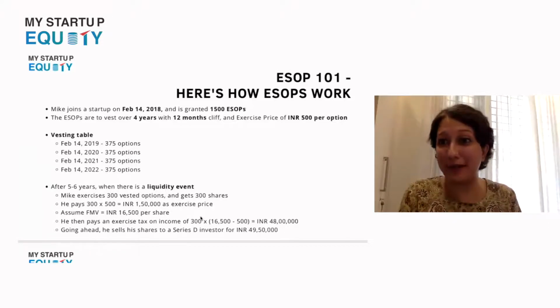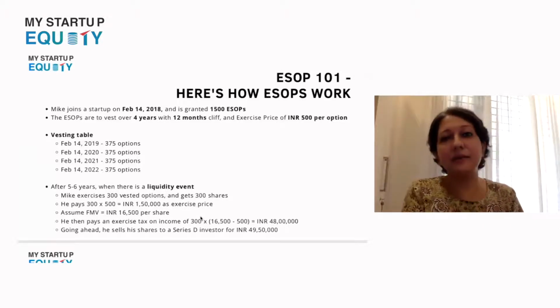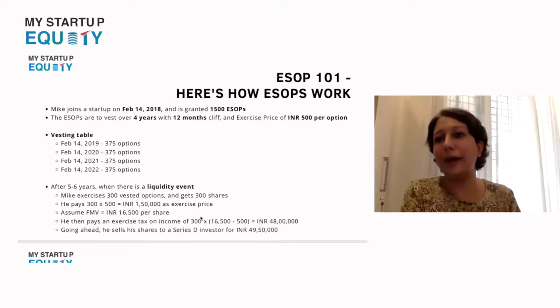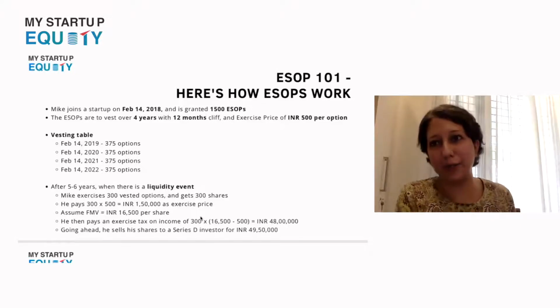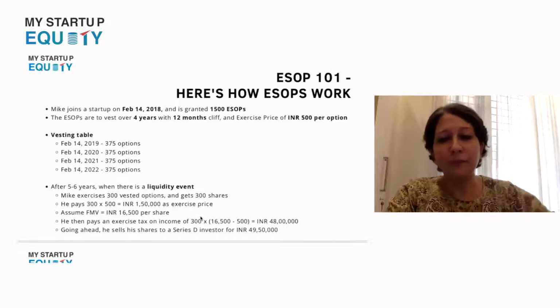Let them see some benefit of the rise in valuation that has taken place. And unlike going to an investor, those options, because you're doing a buyback as a company, will go back into your ESOP pool. So automatically your ESOP pool gets topped up as well.